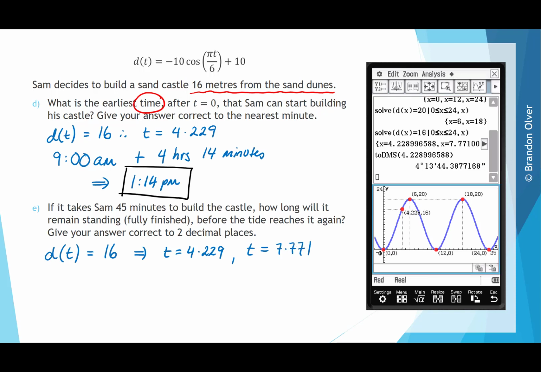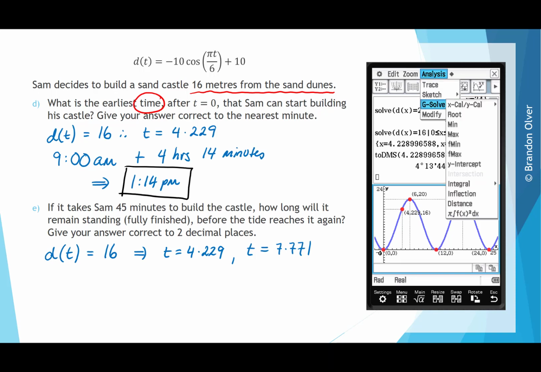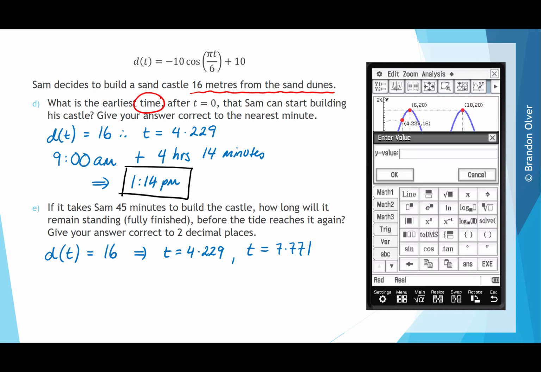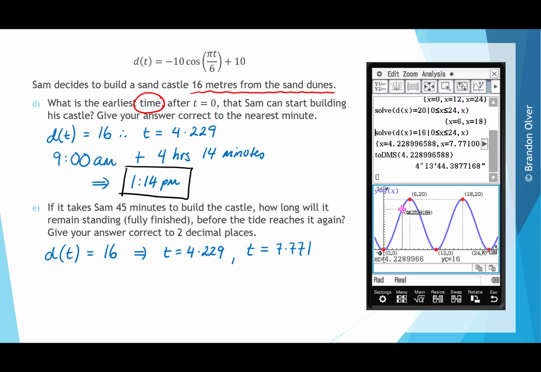We can also find that point on the graph screen by going analysis and again going gsolve, and we want to do an x calculate based on a y value of 16. Hitting execute finds the first one again, and tabbing across we'll find the next value at 7.771.